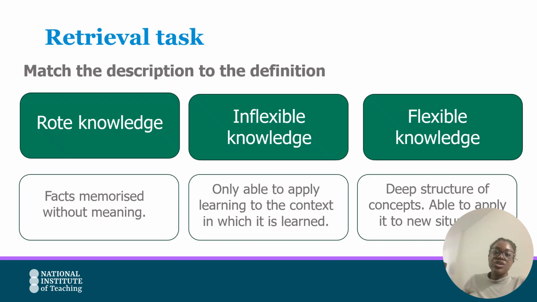And it's important to note that both inflexible knowledge and flexible knowledge have their place within learning. Often we are starting with inflexible knowledge. That is often how we're teaching students through definition, through connecting it to one specific example before we move on to that being flexible.